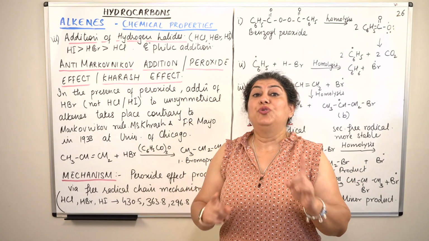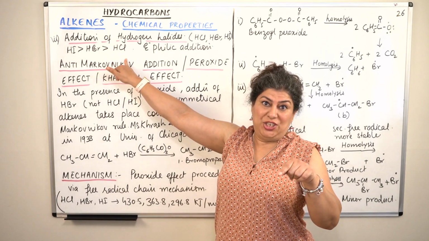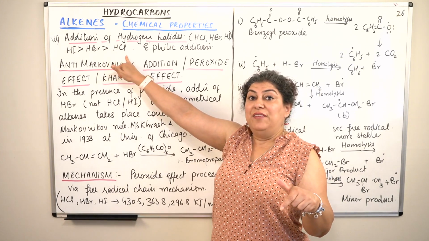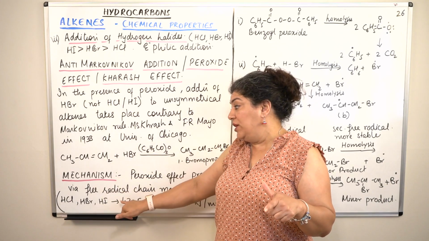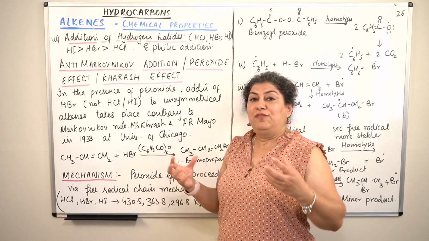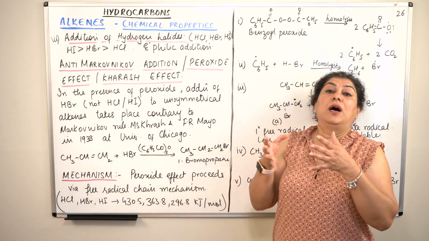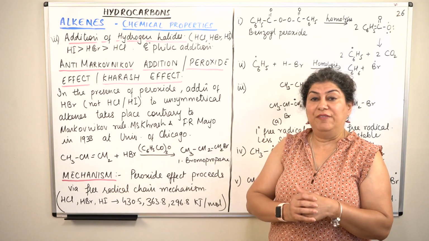The cleavage should be homolytic. It cannot be a heterolytic cleavage. In a heterolytic cleavage, you will get ions, but in a homolytic cleavage, you will get free radicals. So for the formation of free radicals, all of these should undergo homolytic cleavage.